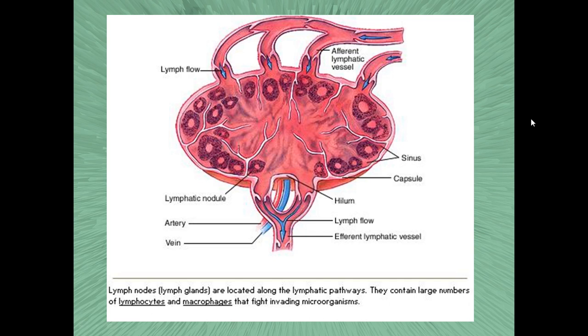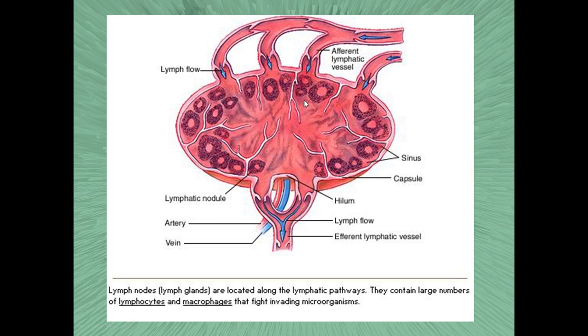Next layer is formed by the cortex of the lymphatic nodes, represented by the lymphatic nodules. These lymphatic nodules contain the lymphocytes and another lymphoid tissue cells.